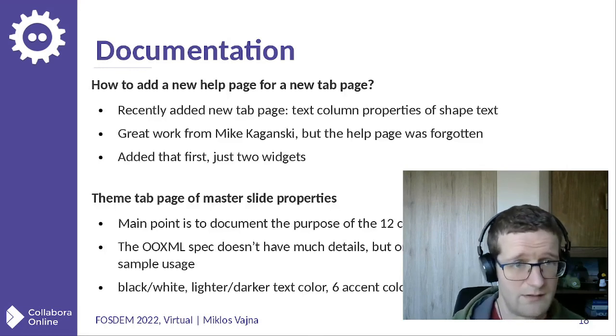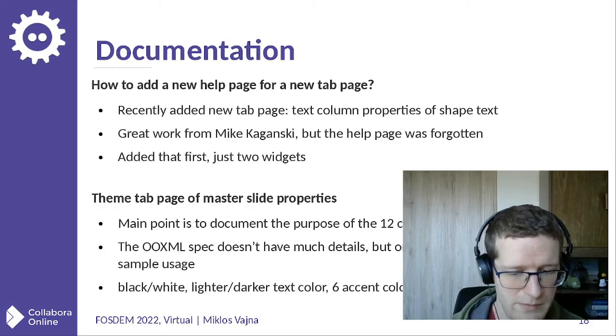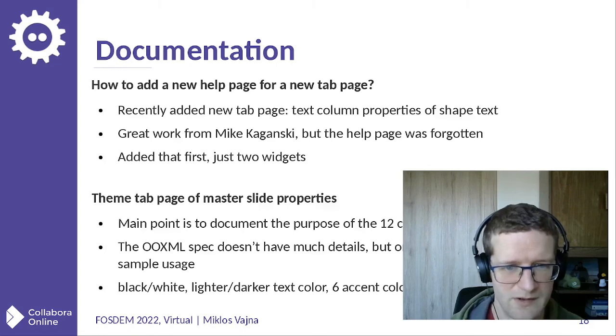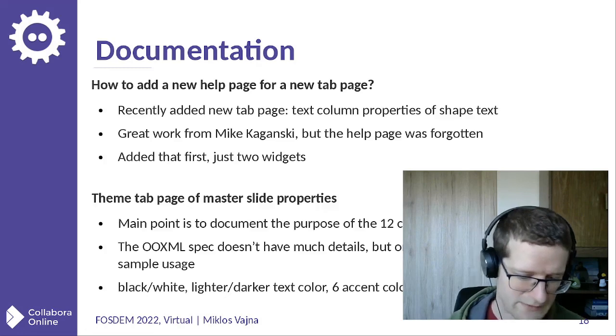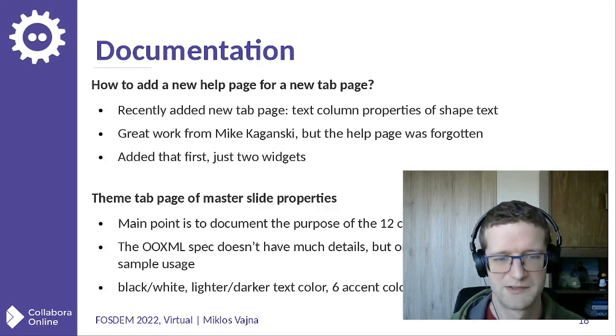Then I wanted to add a new help page for the new tab page on the user interface, and I was looking for some example. So there was that text column support for shape text that was added a bit earlier by Mike Kaganski, and that has only two widgets, so it sounded simple to follow, but it had no master help page.